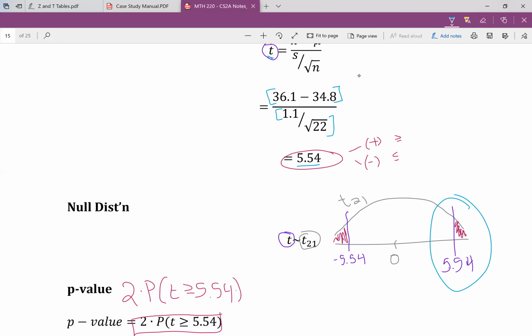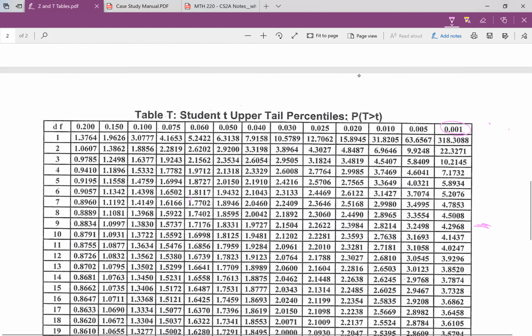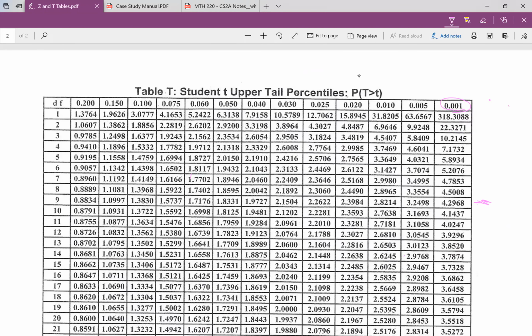So what area is greater than t of 5.54? That is, what is the probability that t is greater than or equal to 5.54? Well, first thing to remember is that our degrees of freedom are 21. So we're going to go to degrees of freedom 21, and then we're going to look for that number 5.54.